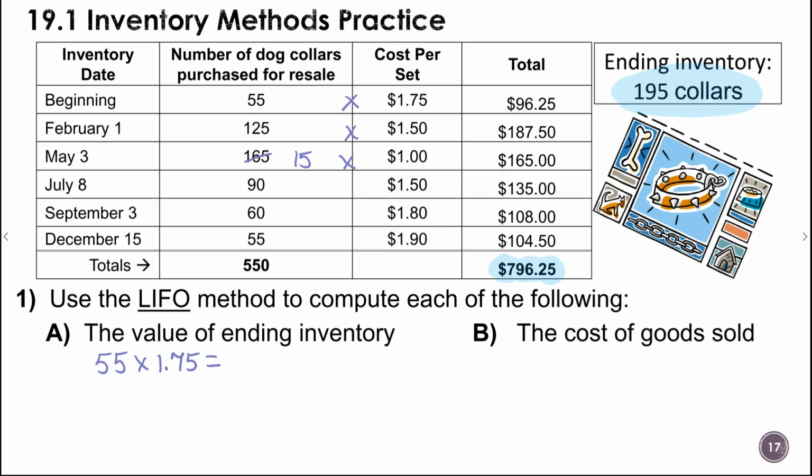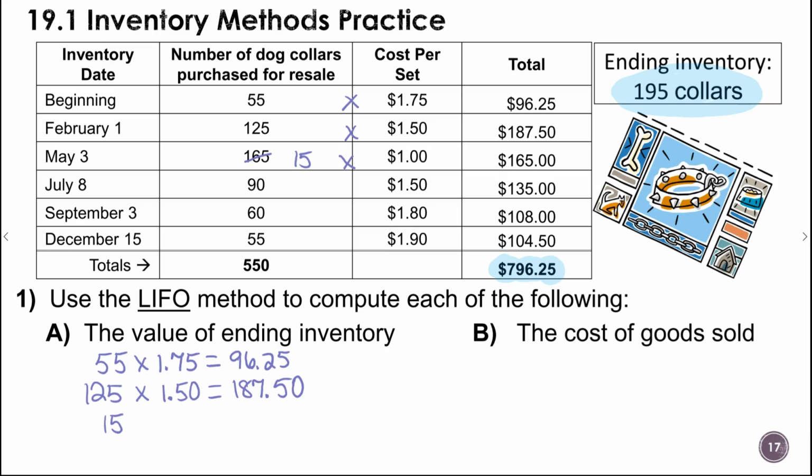We already know the total for that one was $96.25, and then 125 times $1.50, so $187.50. And this last category, we just needed 15 more.